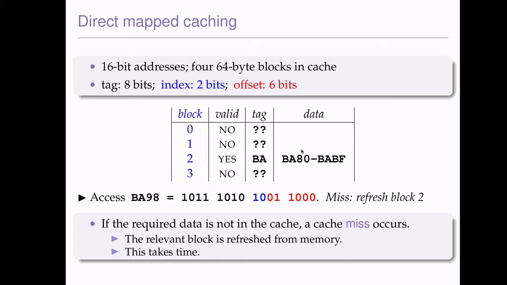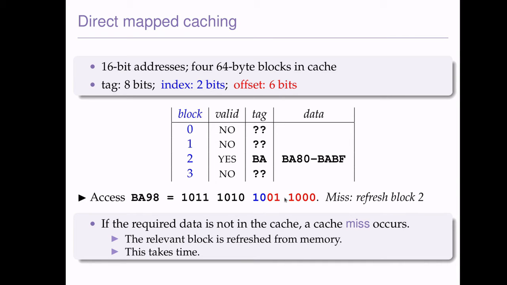So how do we get the data? Well, we have an offset of 6 bits here, and this tells us where in this range of memory this would be. So we have BA98, and this offset is 18, and so that means we have to subtract 18 from the BA98 to get the lower end of the data, and then we add 64 bytes onto that to get the top end of the data because this is a 64-byte block.